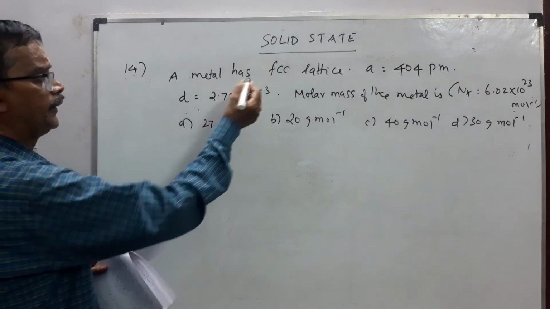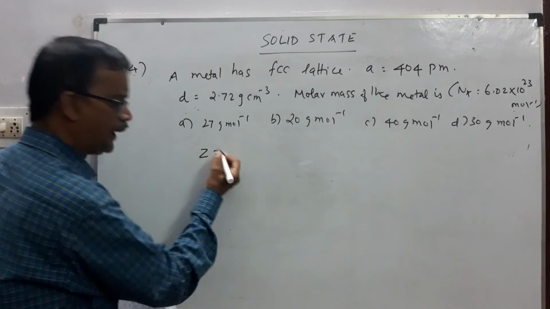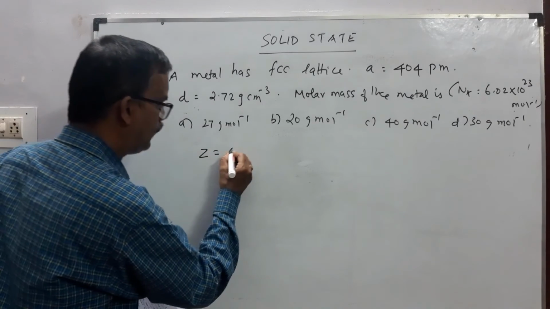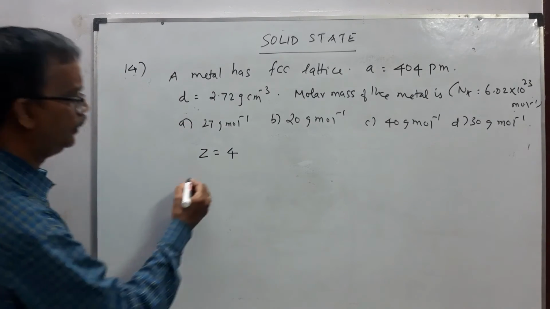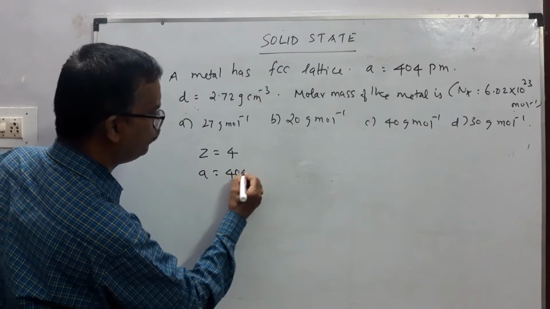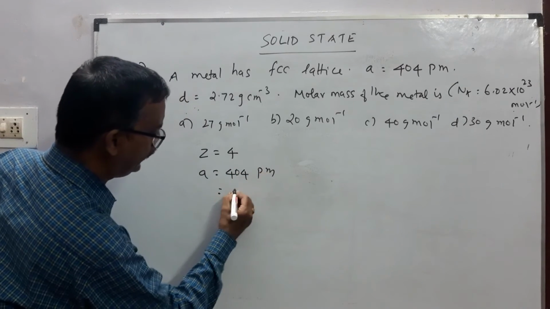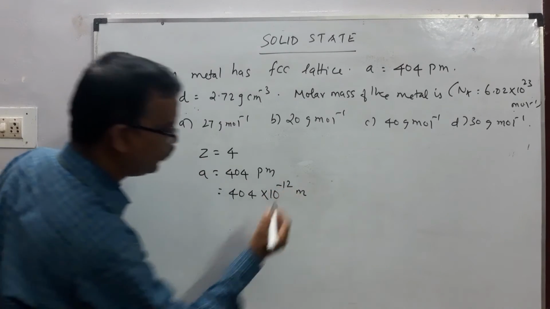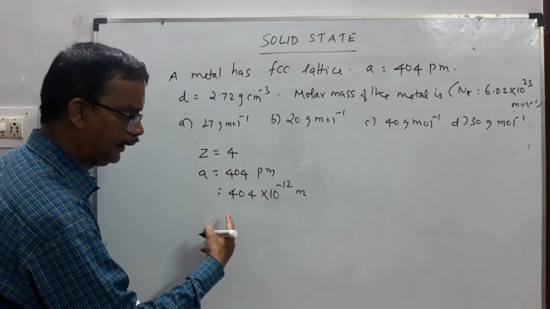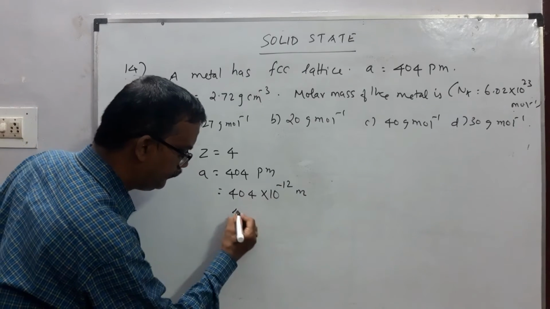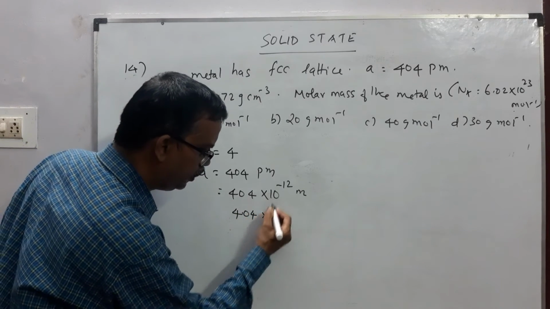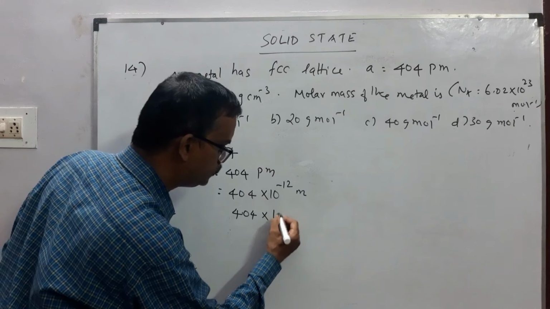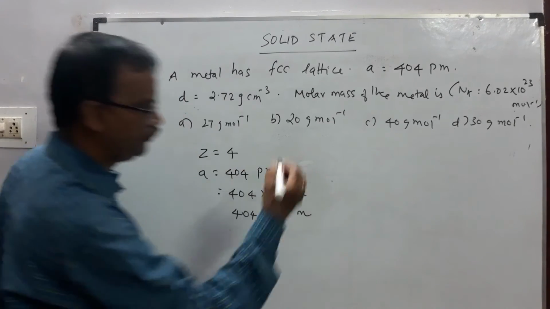For FCC, the number of atoms present per unit cell, that value is 4. a is 404 picometer, that is 404 into 10 to the power of minus 12 meter. Divided by 100, we get 4.04, multiplied by 100, so 10 to the power of minus 10 meter.